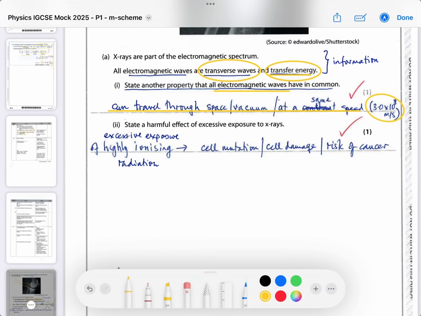Okay, excessive means too much. So in excess, for those of you whose English is not their first language. So excessive exposure of highly ionizing radiation, this is basically what they're saying, it can lead to cell mutation or cell damage or a risk of cancer.